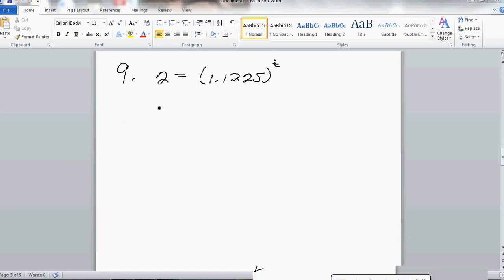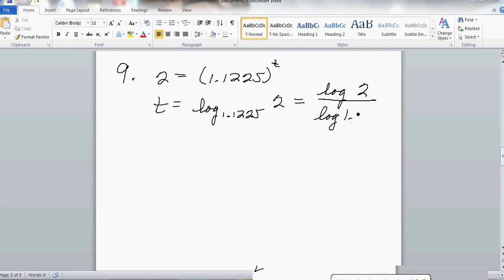And so I took t equals log base 1.1225 of 2, which using the change of base is the log of 2 over the log of 1.1225. It doesn't give us any particular decimal places, and so we just need to do a logical rounding, I guess.